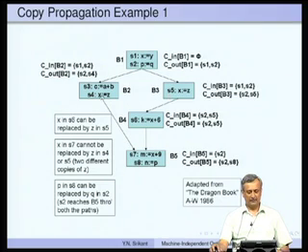Since S4 reaches here and S5 reaches along this point, these two are not the same, and neither this nor that is in C in of B5. Whereas the copy S2 reaches along this path and also along this path. So, it is in the set C in of B5. That is how we are taking the intersection.